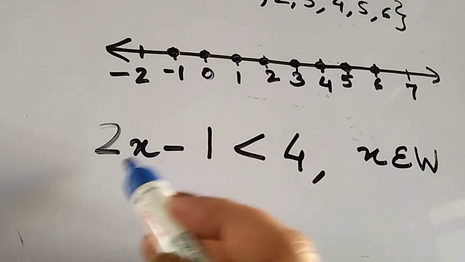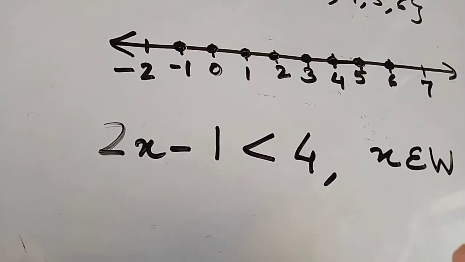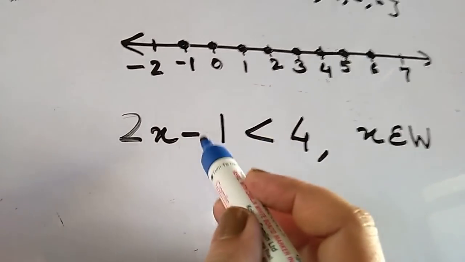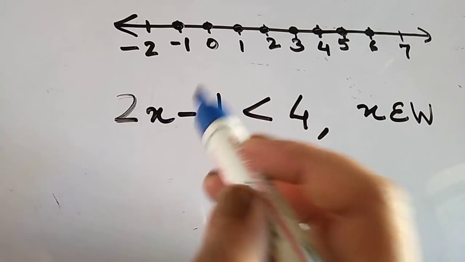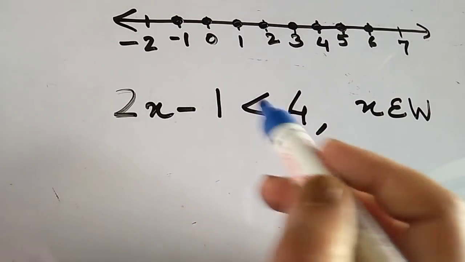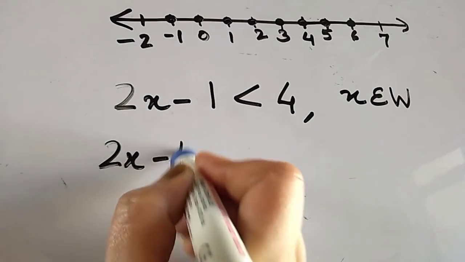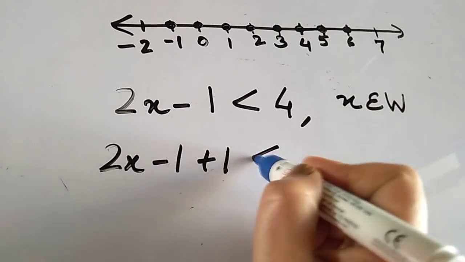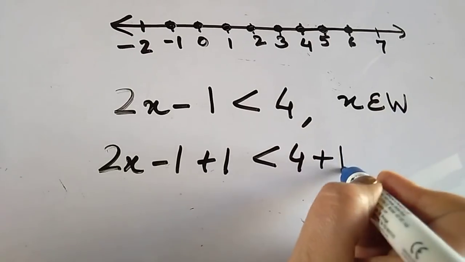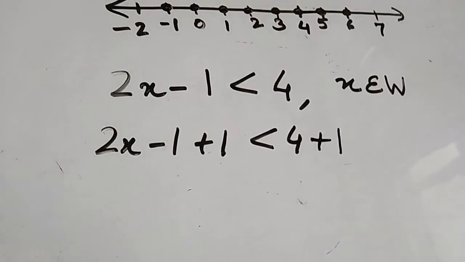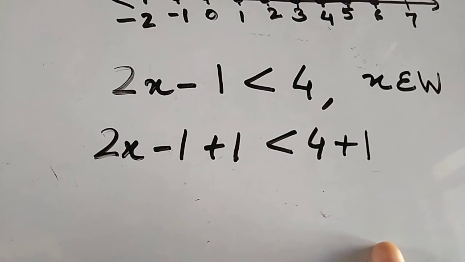How do we solve an equation if it was an equal sign? We used to remove this -1, and the process of removing -1 is that we add 1 to both sides. Adding 2x minus 1, then adding +1. It doesn't change the inequality, like in an equation. Adding the same thing on both sides, subtracting the same number from both sides.